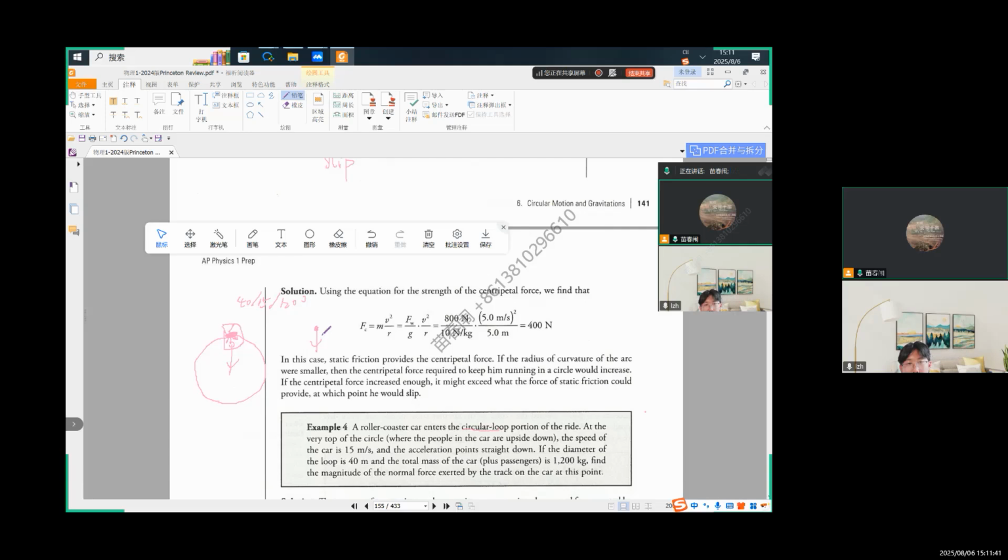What other forces are there? They already mentioned normal force, so it must be a normal force. Find the magnitude of normal force exerted by the track on the car. The car has a supporting force. So this is gravity, and there's also a normal force. Does that make any sense to you?